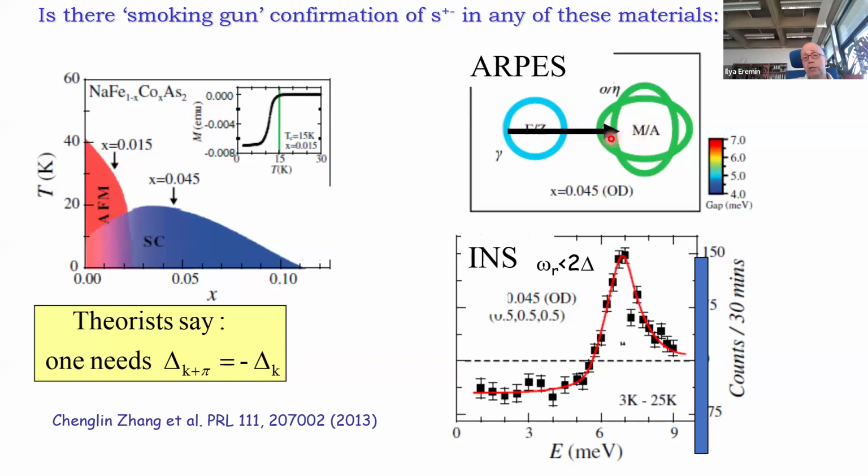However, we know that the potential impurities are usually Coulomb centers, and they are acting at small momentum. For the small momentum transfer, the order parameter still has the same sign. Therefore, it's relatively robust to the potential impurity scattering.